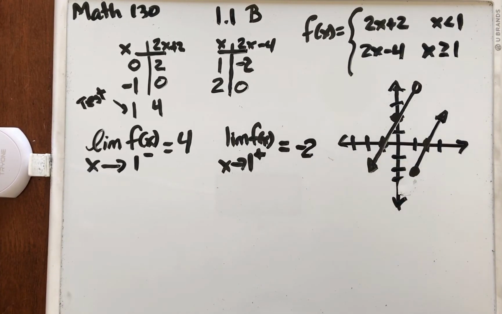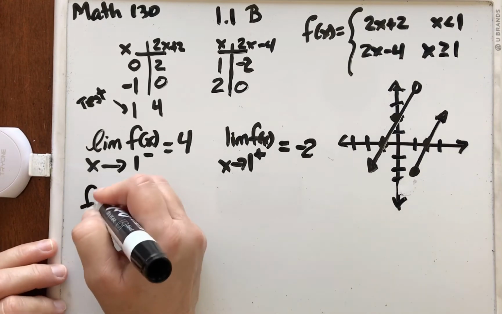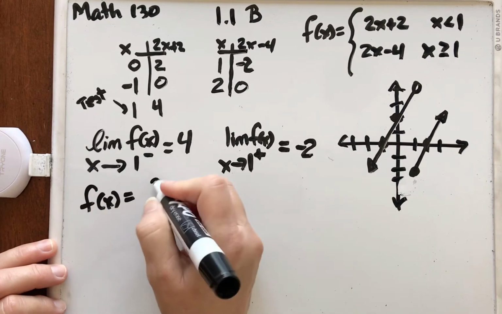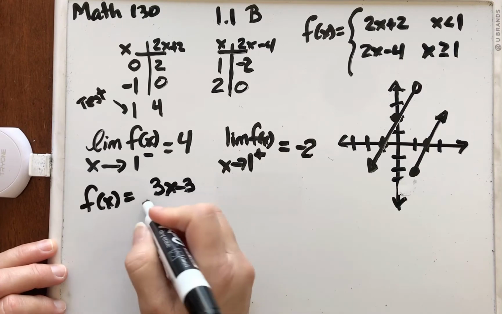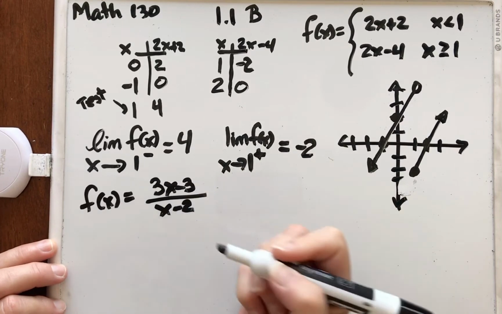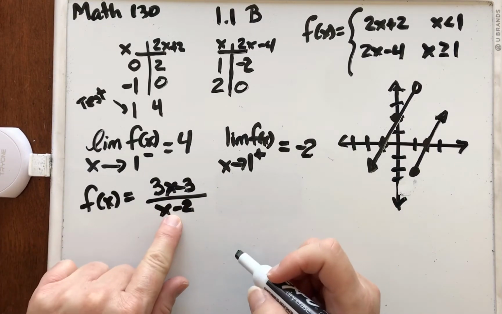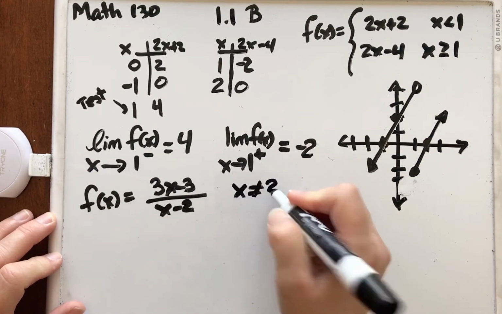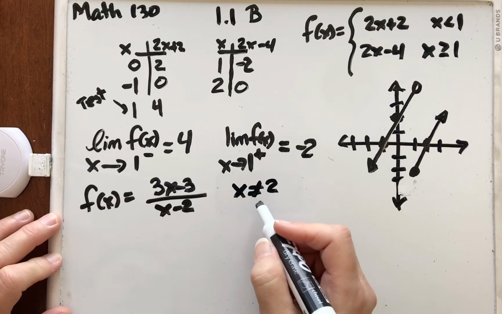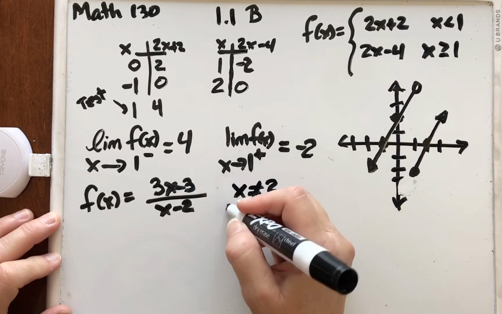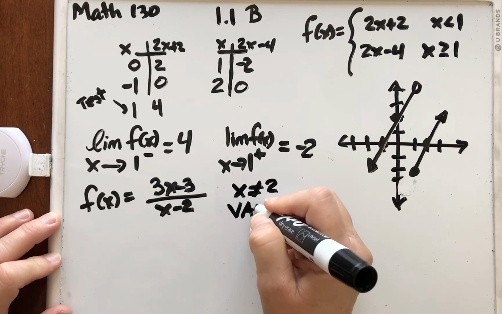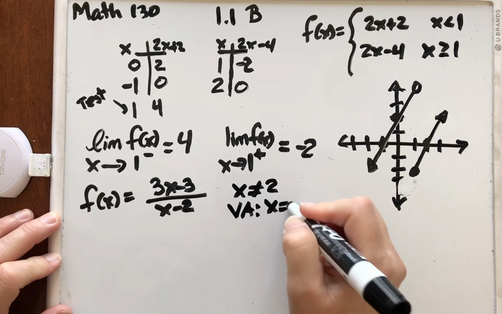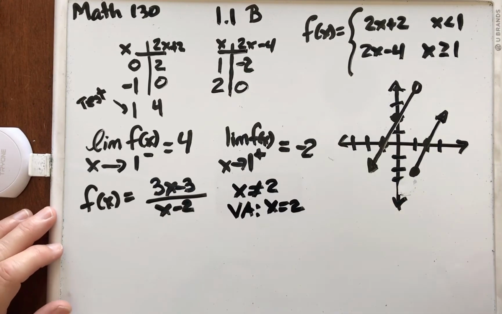Okay, let's do a new one. f of x equals 3x minus 3 over x minus 2. What do we know x can't be? That's right, x cannot be 2. So if x cannot be 2, we know the vertical asymptote is going to be x equals 2. So we're going to make a new graph.